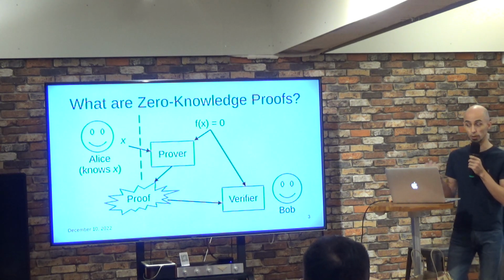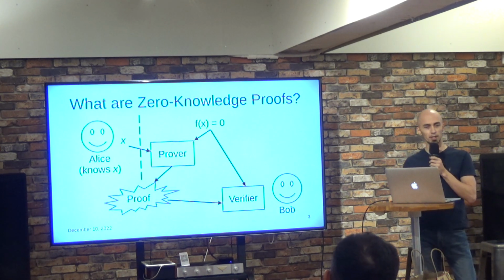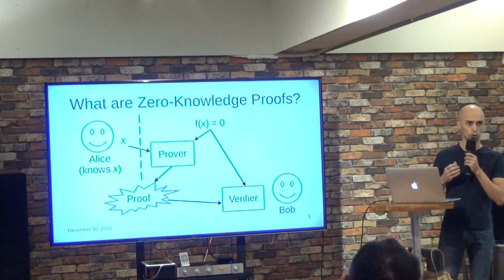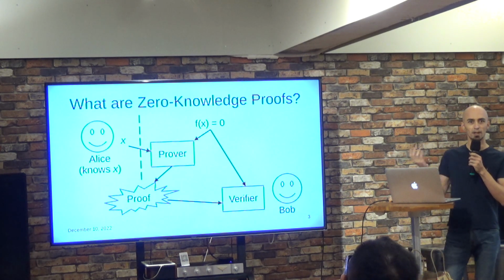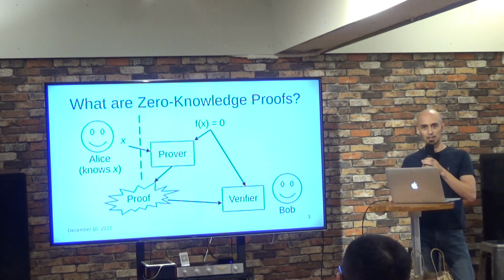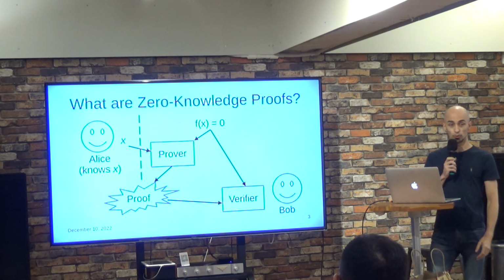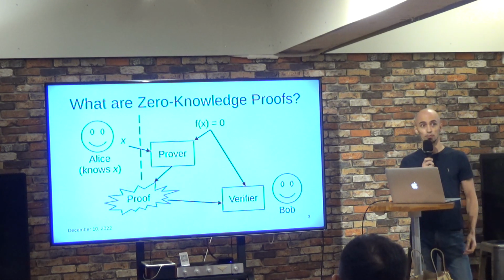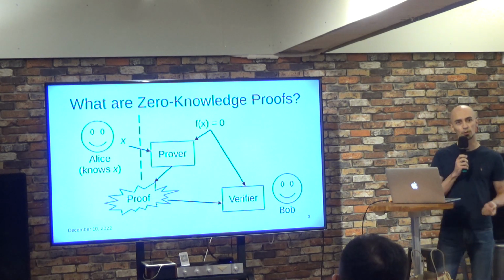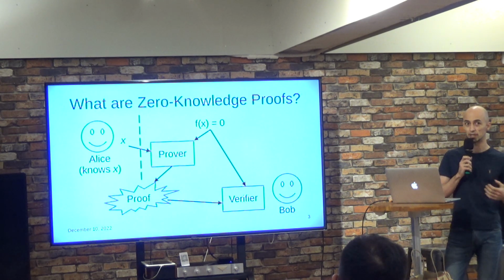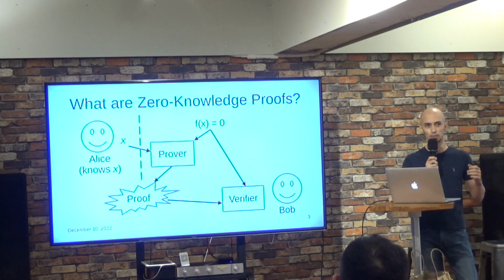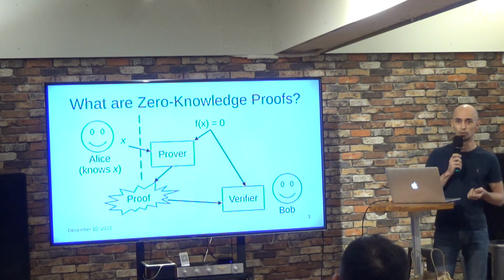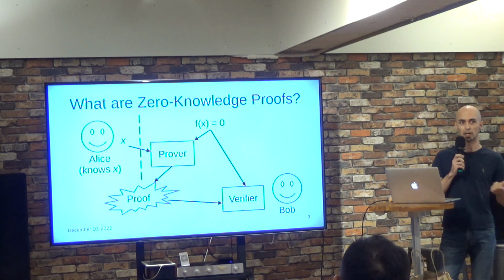So, when I was starting my journey into the ZK land, I faced a problem. What do I start with? I was thinking about what could be a good hello world kind of application in ZK. And when you search on the internet, for example, some explanations of how zero-knowledge proofs work, you could find something that is easy to understand, but it's totally impractical. Some examples like the game of Where's Waldo, or an example of Alibaba Cave.